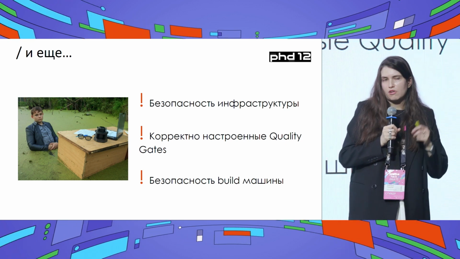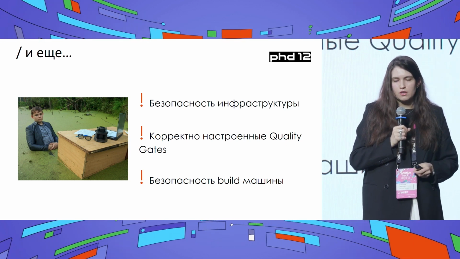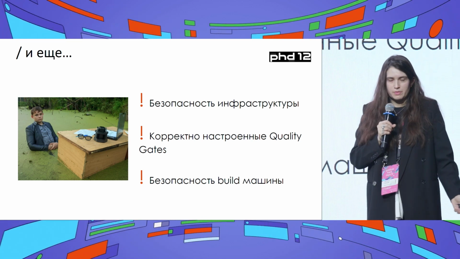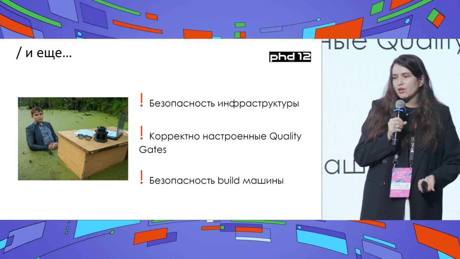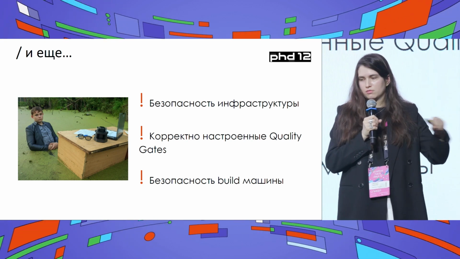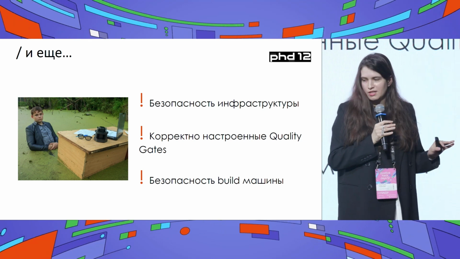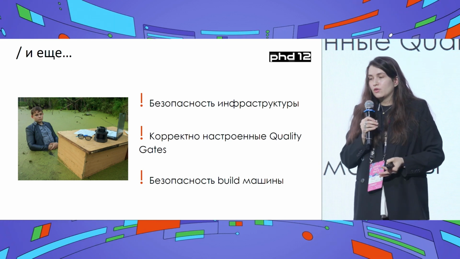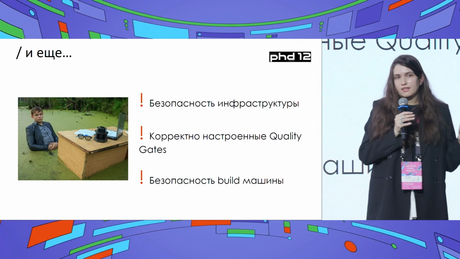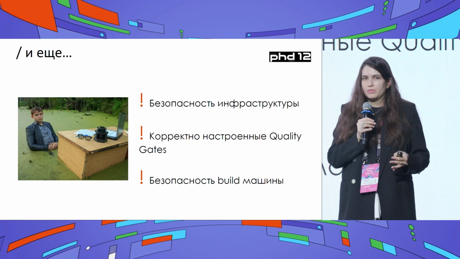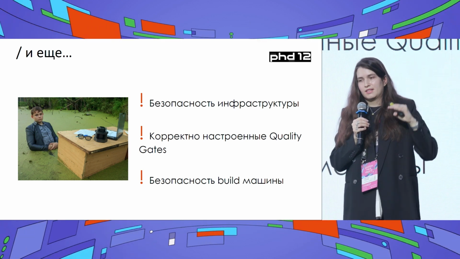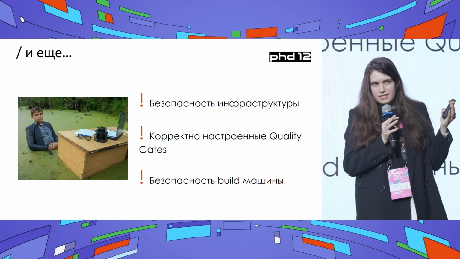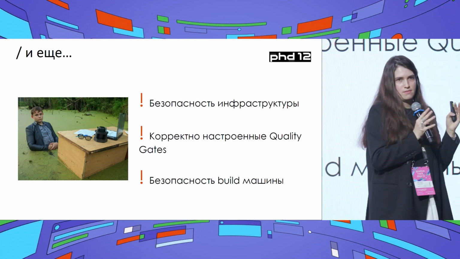I heard that people have tools, the companies have tools, but they don't have alerts. Or even if they have alerts, they don't read them. Or the quality gate says no one is going any further, but clearly, correctly tuned quality gates and alerts are quite necessary, and everyone should know about them.